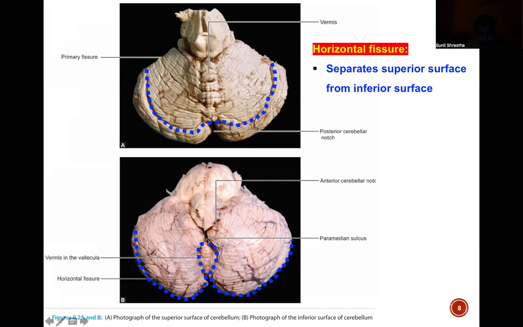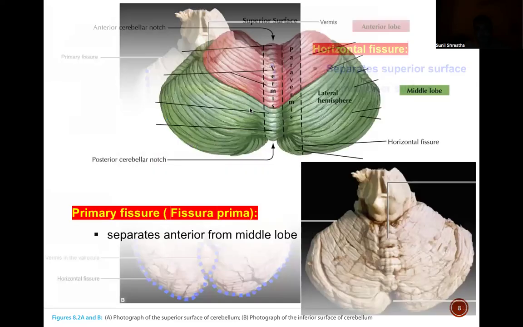There is a space, a sulcus, a bit deeper structure, and the deeper structure is called the pyramidal sulcus. So this horizontal feature is responsible for dividing the superior surface from the inferior surface.